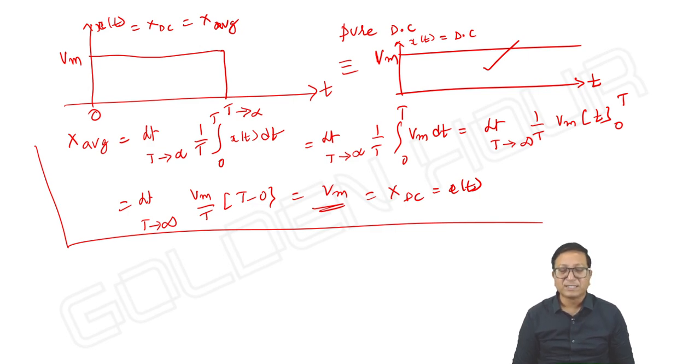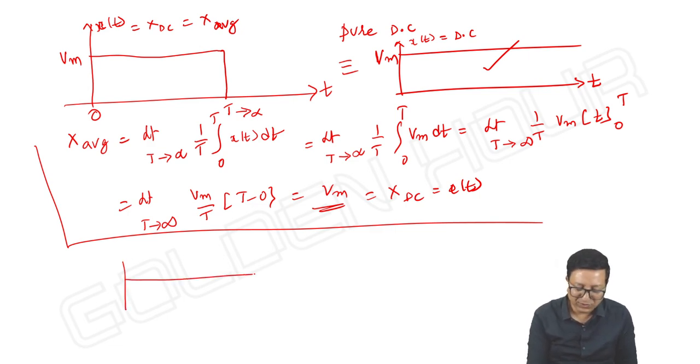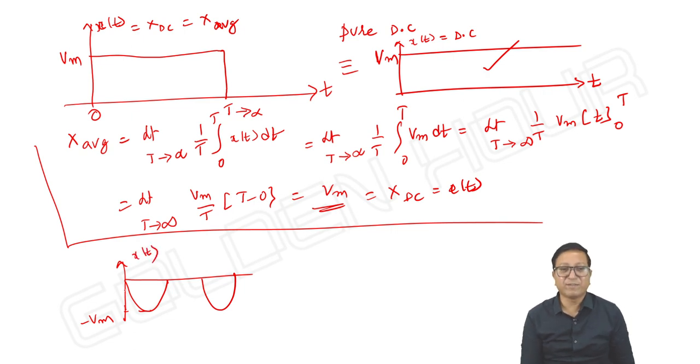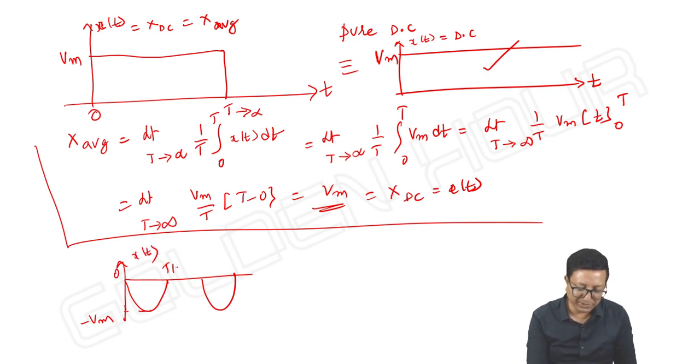And one more thing, the DC value of a signal need not be positive, it can be negative also. Suppose I have a signal like this. What is its average amplitude? Whatever may be the time period, I need not bother.